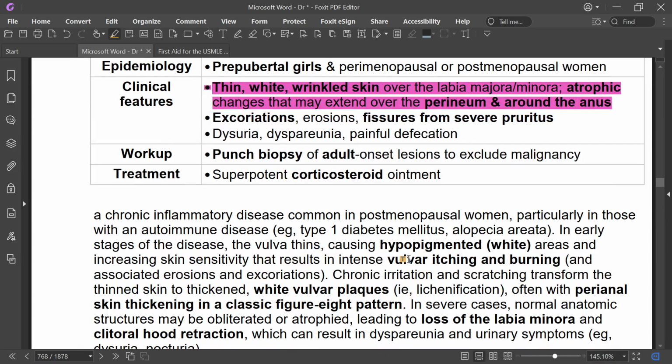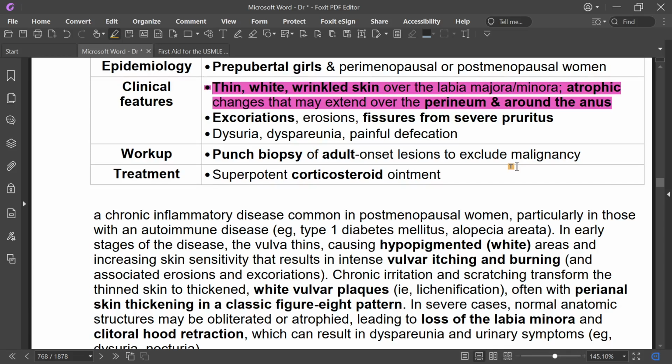It's a chronic inflammatory disease common in postmenopausal women, particularly in those with autoimmune disease, type 1 diabetes mellitus, alopecia areata. In early stages of the disease, the vulva thins, causing hypopigmented white areas and increased skin sensitivity that results in intense vulvar itching and burning associated with excoriation and erosions.